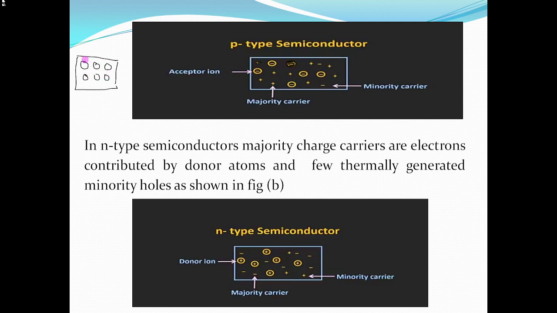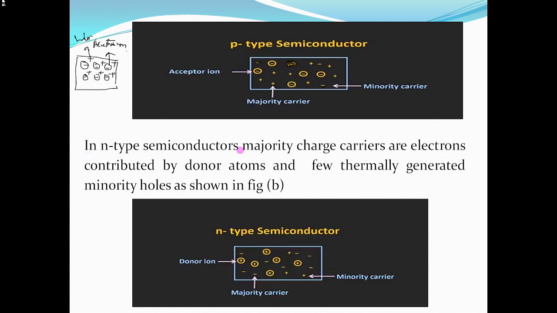These acceptor atoms produce holes, positive charges. These holes are ready to accept electrons, meaning the atom is gaining an electron, so it becomes negative. These negatives we call acceptor ions, and these are holes. And there are a few thermally generated minority charge carriers, that is electrons, which carry negative charge. So this is about the P-type semiconductor.